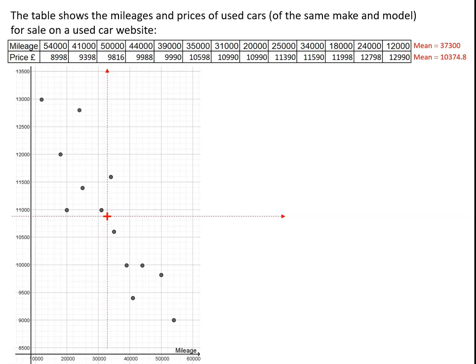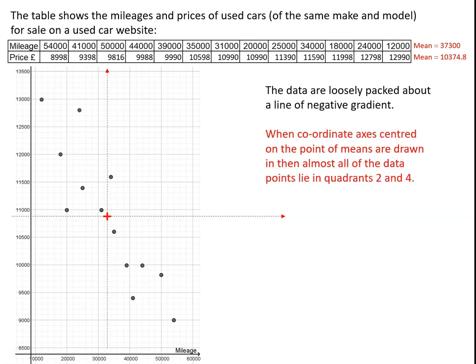And in this case, we can see that the points are loosely packed around a line of negative gradient. And when the coordinate axes are centered on the point of means, we see that almost all of the points are in quadrants 2 and 4.